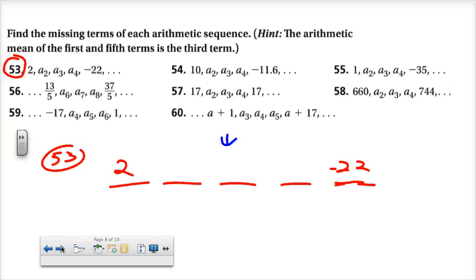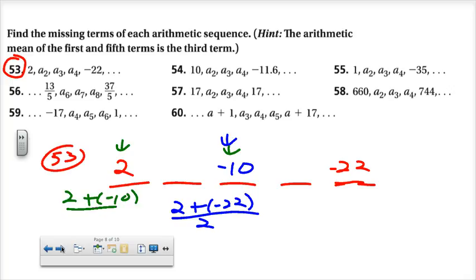arithmetic mean. So that will be 2 plus -22 divided by 2, which is -20 divided by 2, which is -10. So that's the first arithmetic mean. We found that. Now we need to do it again with 2 and -10.